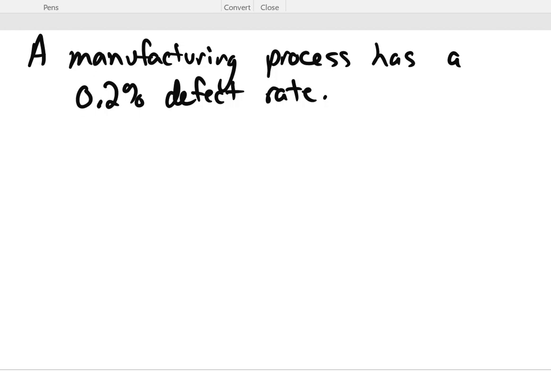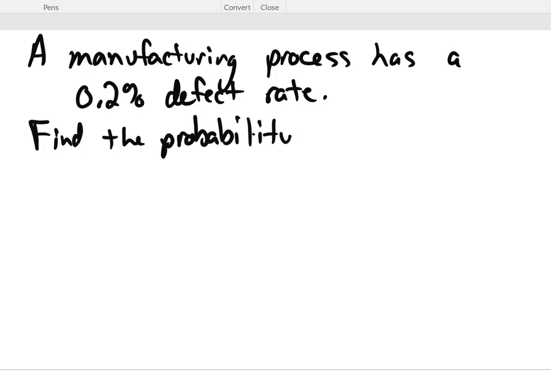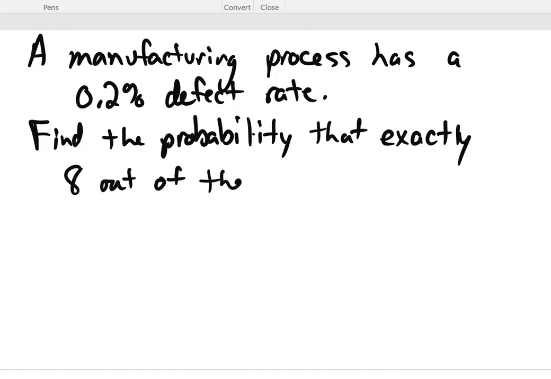I want to find the probability that exactly 8 out of the next 5,000 parts have a defect.